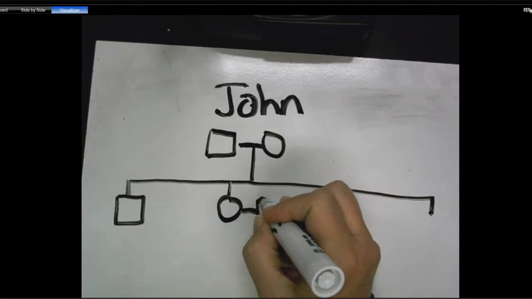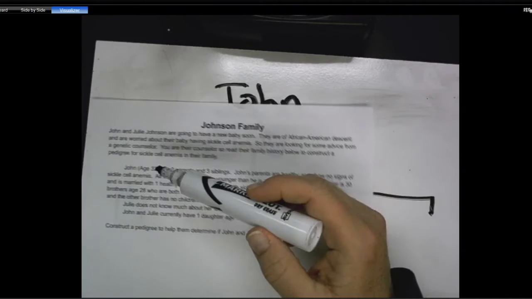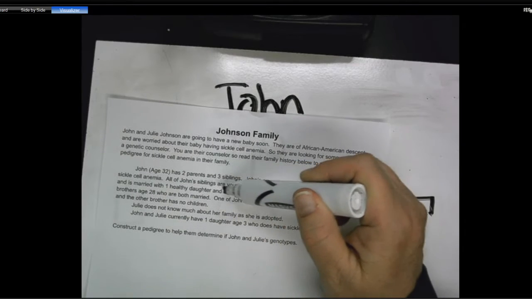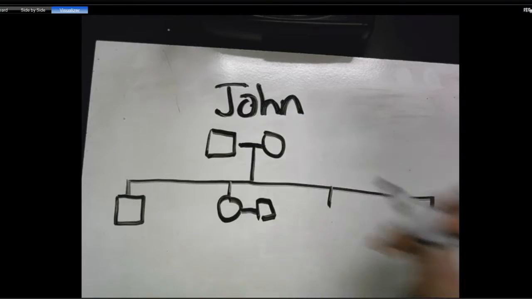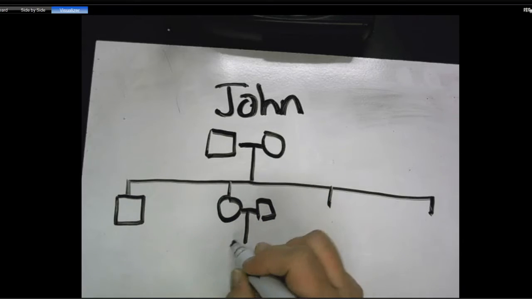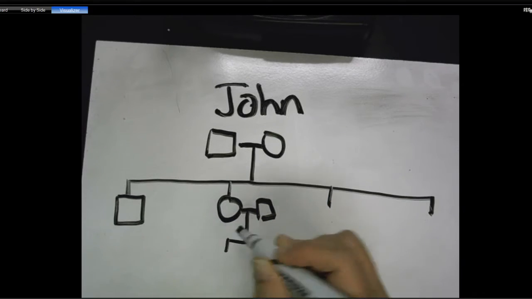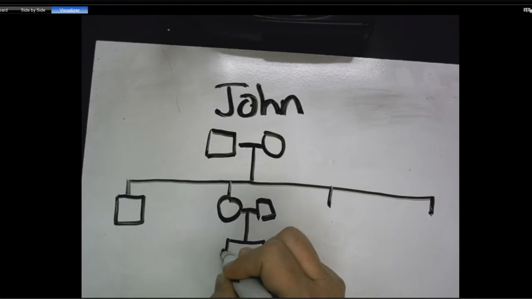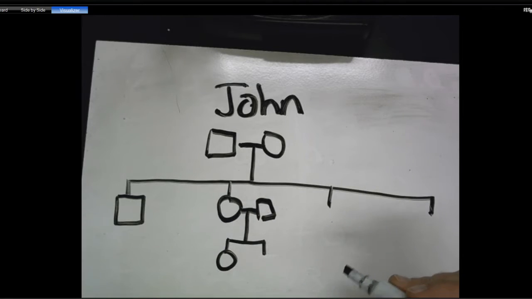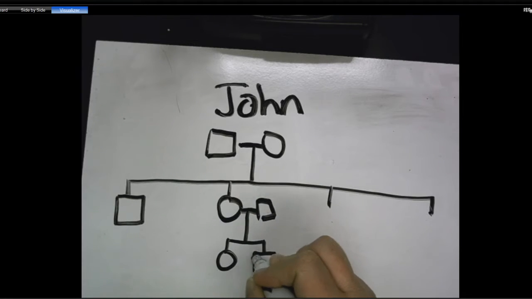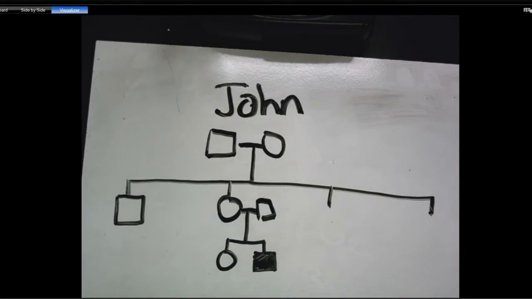So we're going to give her a husband, with 1 healthy daughter and 1 son with sickle cell anemia. So then they had children. And it didn't give you the ages, so you can put them in whatever order, just the order you read in. So 1 daughter and 1 son, and the son does have sickle cell anemia, so we're going to fill him in.